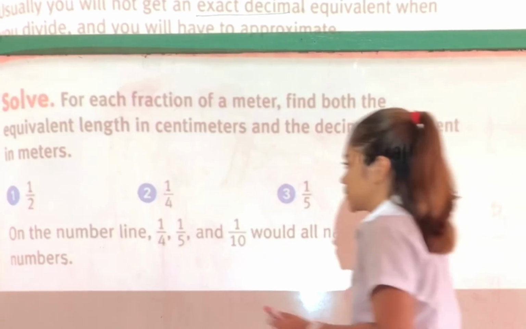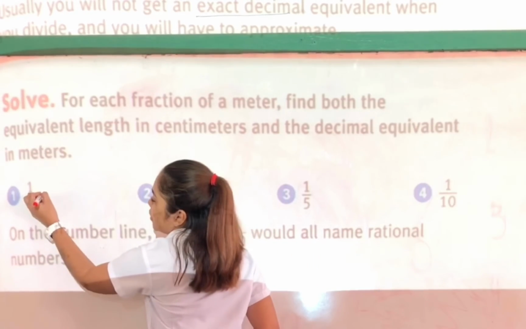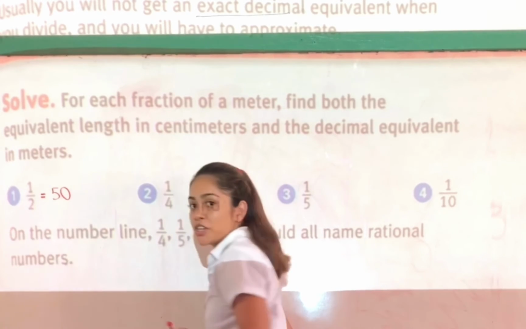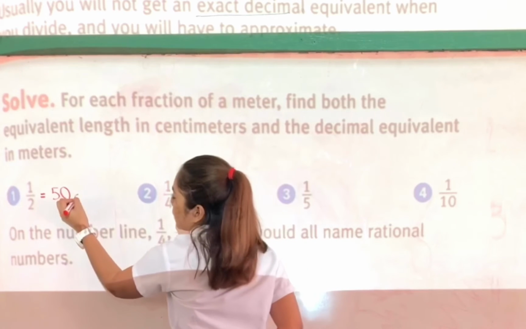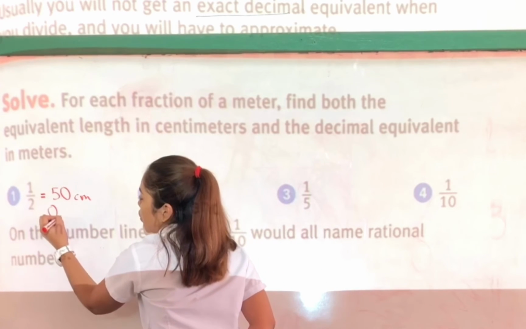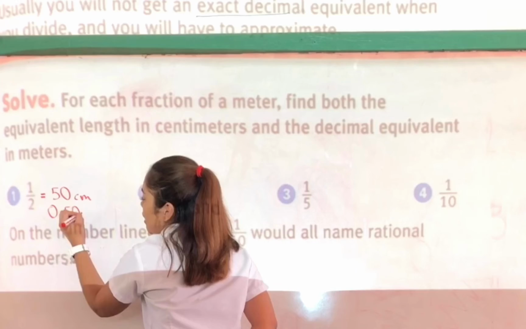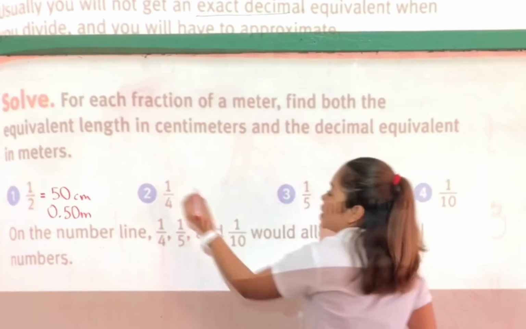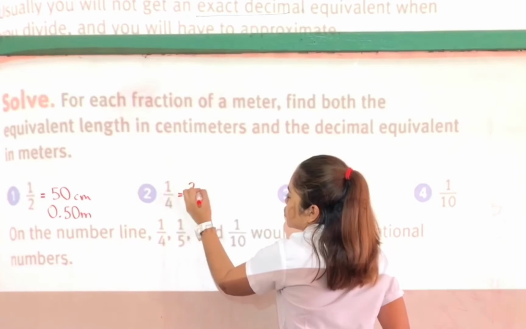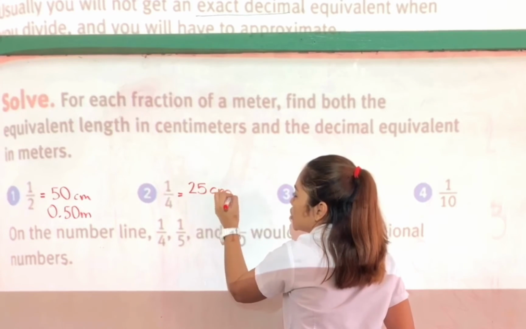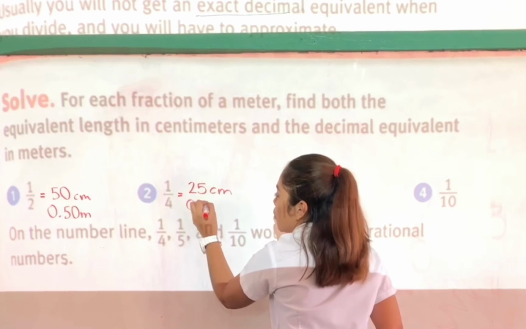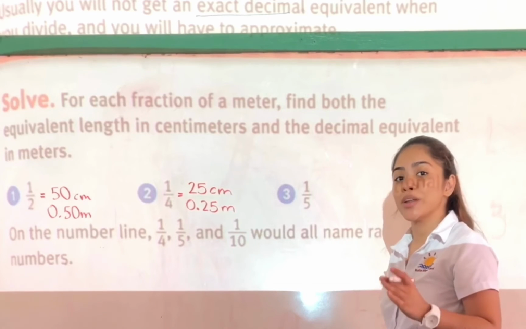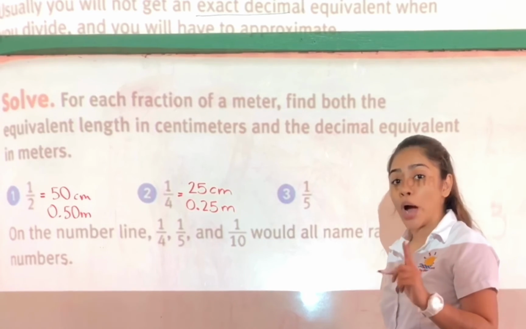So let's start. 1/2 equals 50 centimeters or 0.50 meters. 1/4 equals 25 centimeters or 0.25 meters. Remember, we are doing it based on 100.